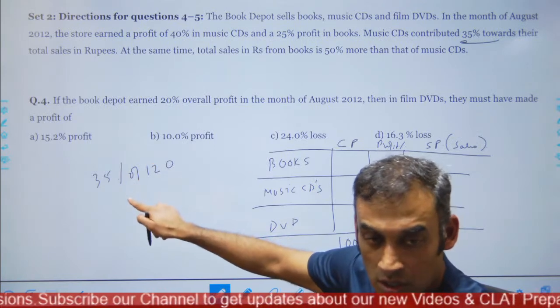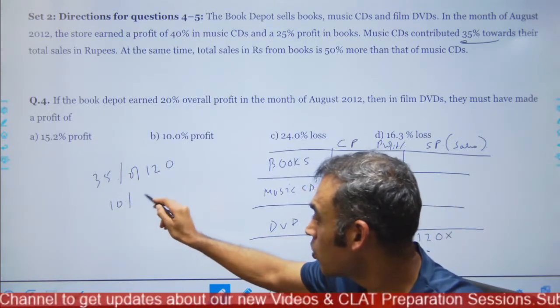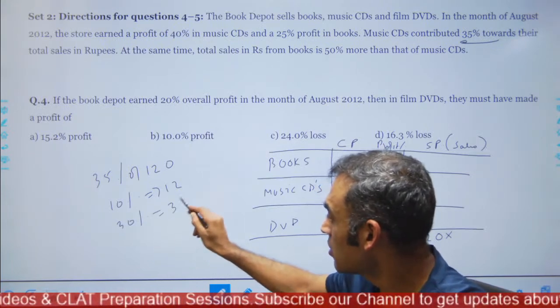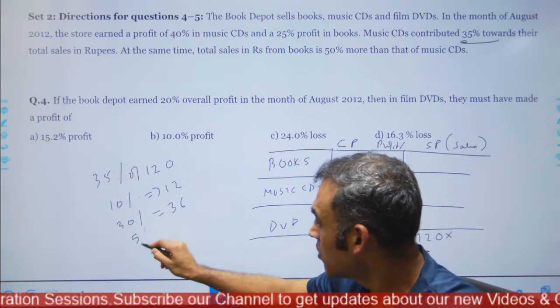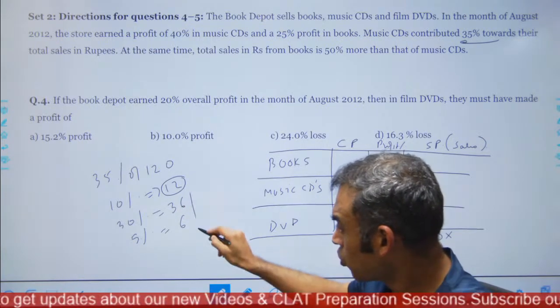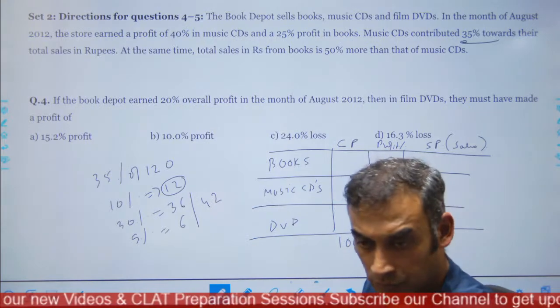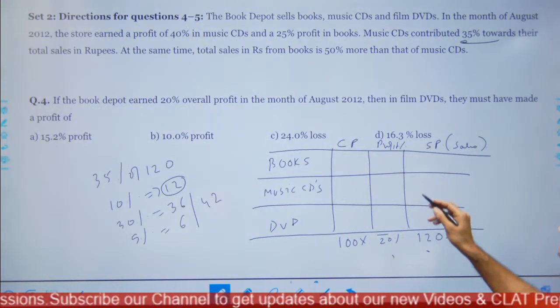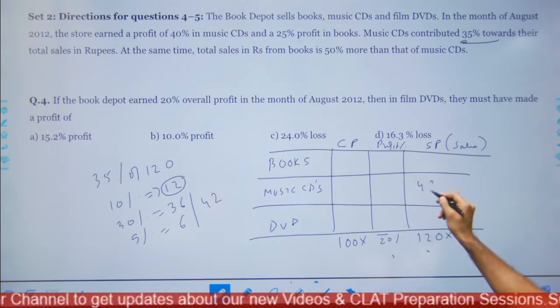So 30% will be equal to 36. 5% will be equal to 6. So this will become 42. Alright? So music CDs becomes 42x.